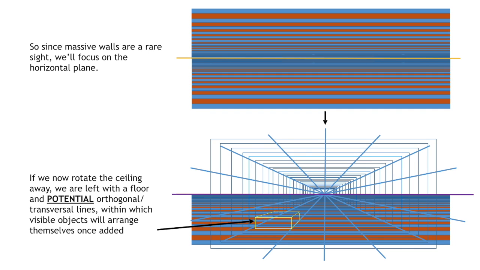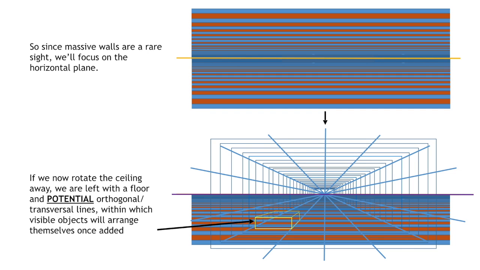If we now rotate the ceiling away, we are left with a floor and potential orthogonal and transversal lines within which visible objects will arrange themselves once we add them in. So again, you can rotate the ceiling now away from you as well, as if nothing was there.